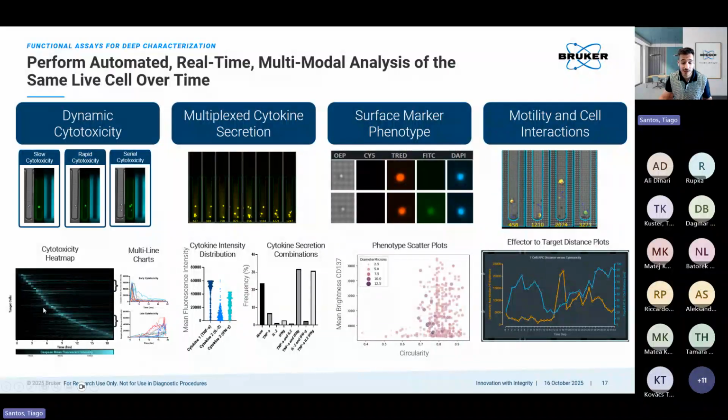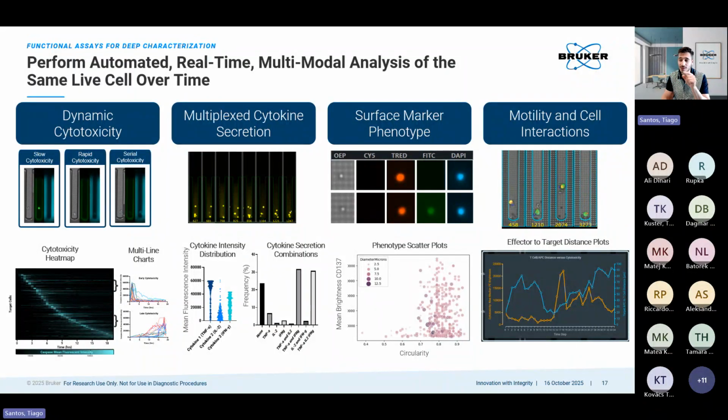For example, cytotoxicity heat maps to really look at the different subsets of cells in terms of killing capacity, and relative quantification of the secretion of the cytokines per nanopen, per cell, of course. Also, phenotype scatter plots, and what I just mentioned in regards to having a time plot that really shows you the interaction between the cells within each of these nanopens.